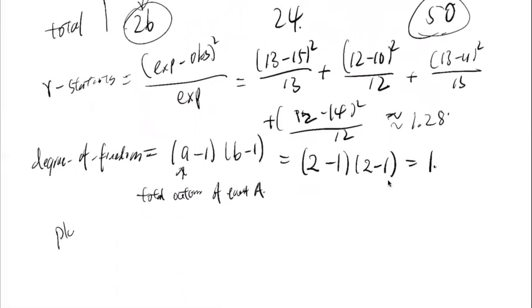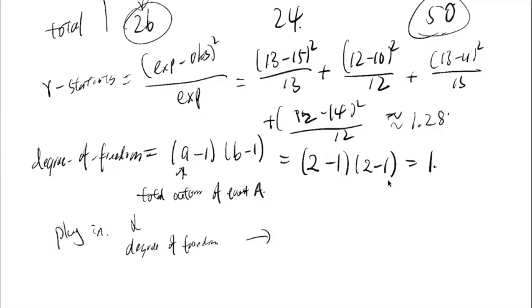So we plug the degree of freedom and the significance level into the applet, and then check our critical value, or in this case, the p-value.